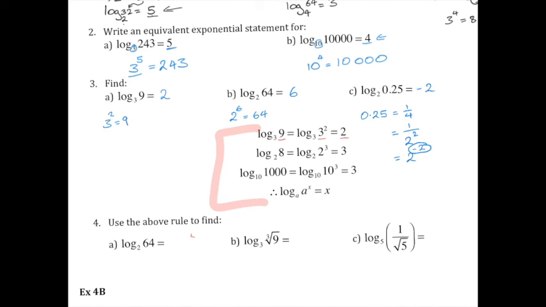Log of 8 base 2 is the same as log of 2 cubed base 2 because 8 is 2 cubed. And that just equals 3 because the power is 3 and also the log 2 and the 2 cancel out. And back here the log 3 and the 3 cancel out. Log base 10 of 1,000 equals log base 10 of 10 cubed because 10 cubed is 1,000. And that just equals 3.